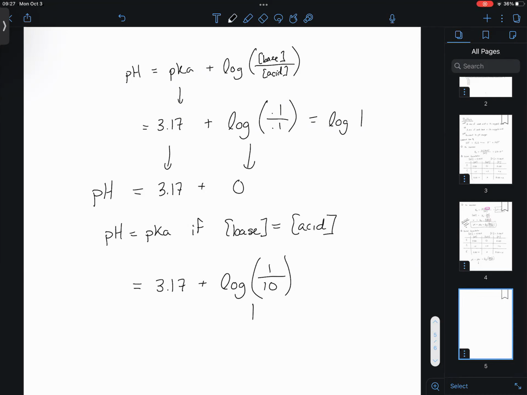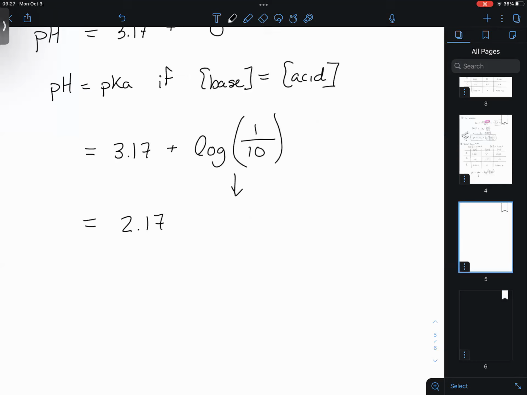So everybody take a second and tell me what that log portion is. Right, so this will decrease the pH by 1 unit. Compared to my pKa, if I did this, I would have 2.17. And that makes sense. More acid means my pH is decreased, and again, by 1 pH unit.